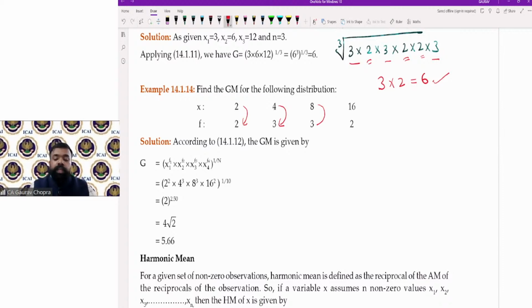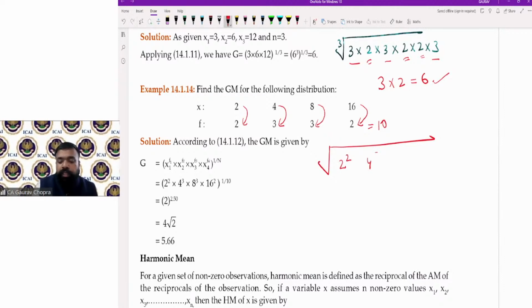Number 8, 3 times. And 16, 2 times. All these are the repetitions of the number. And overall the frequency is 10. Since the frequency is 10, there will be a 10th root. So we can do it like this. 2 is coming 2 times.